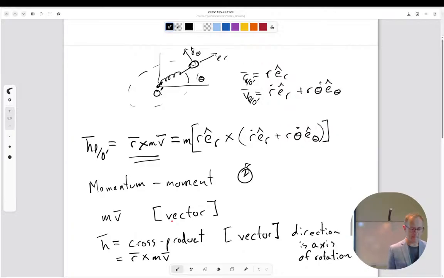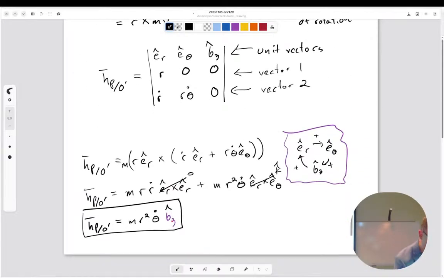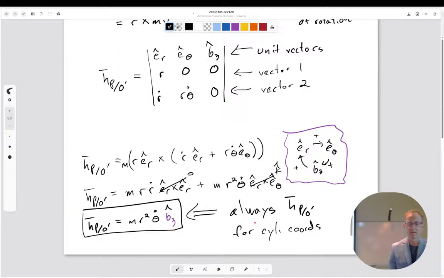Because all we really did was take a given cylindrical position and a cylindrical velocity, take the cross product. So if you're in cylindrical coordinates, this is a statement that's always true.